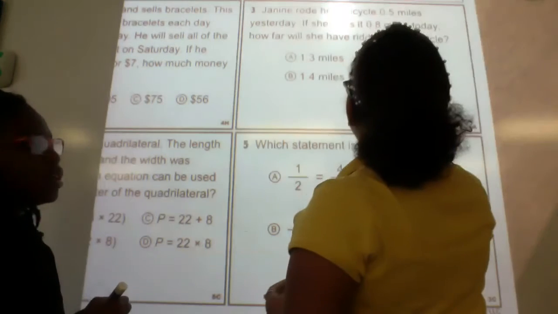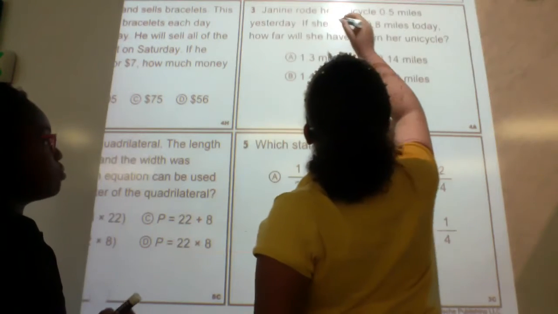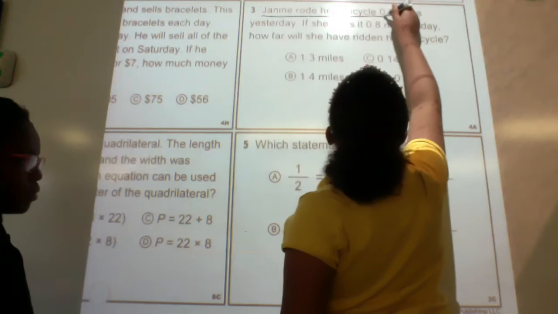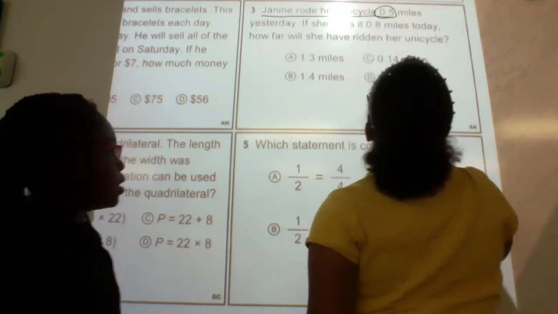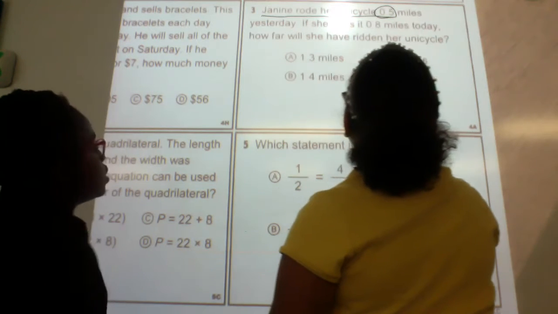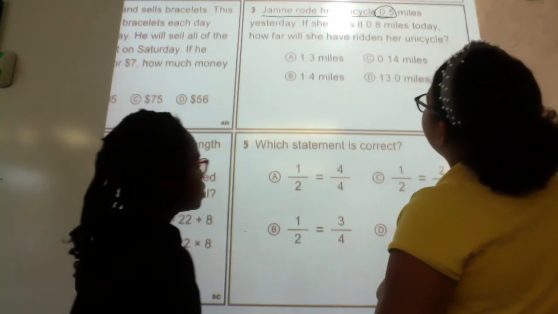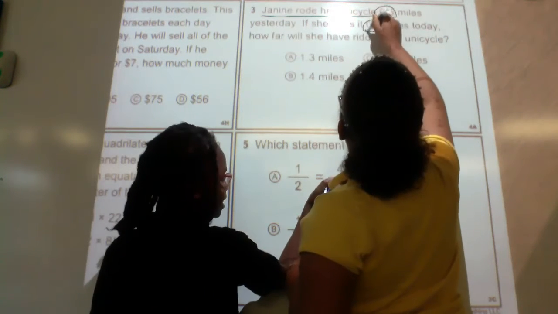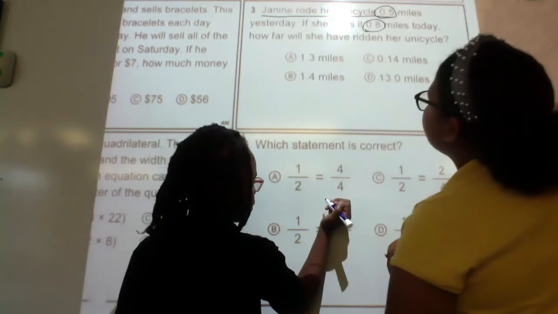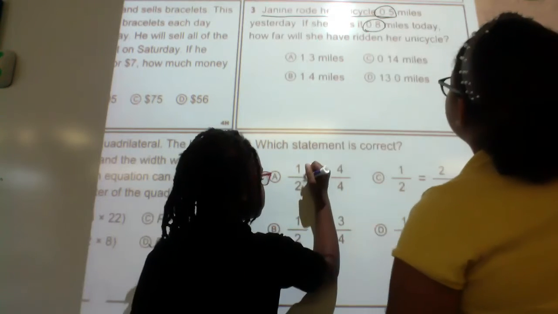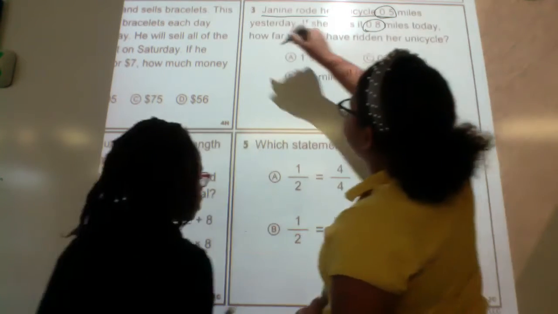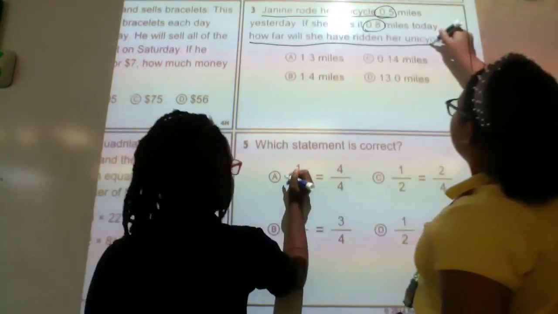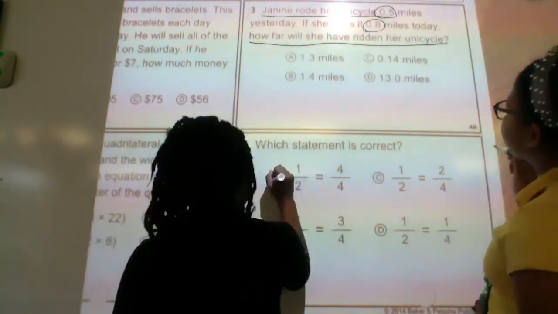Sasha, do you remember how to do these? You can do the butterfly, multiply to see if they're equal. All right, so Jaylene has, Janine rode her unicycle 5/10 miles yesterday. If she rides 8/10 miles today, how far will she have ridden her unicycle? That's asking how far, so what do y'all think we need to do?